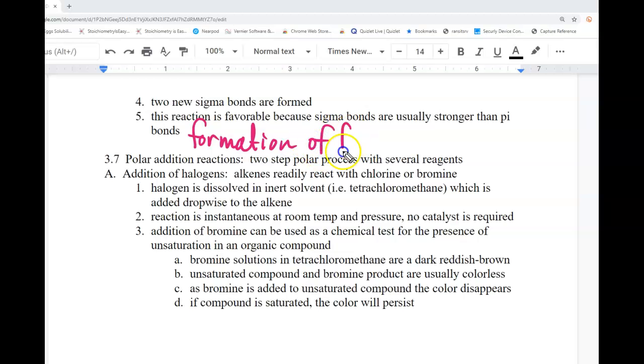Remember that when we have something that is unsaturated, that means we have multiple bonds, like double bonds and triple bonds. But if we break the pi bond of the double bond and put in two new groups attached, we're using up some of that unsaturated nature of it. So we are going to have something called a polar addition reaction.